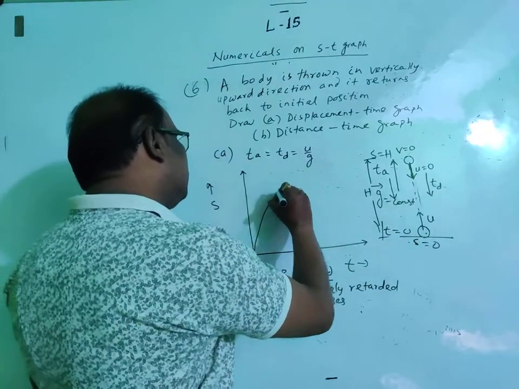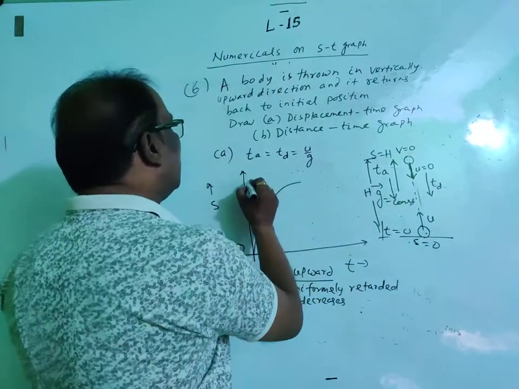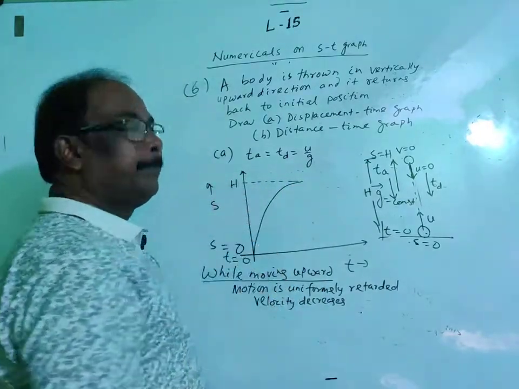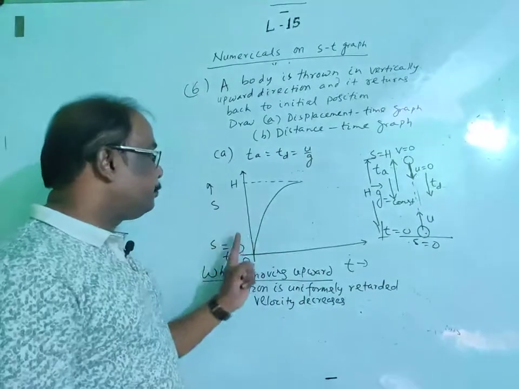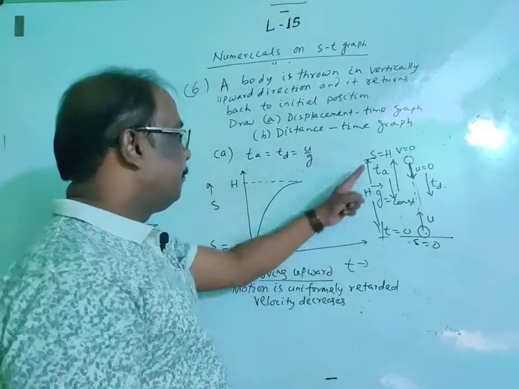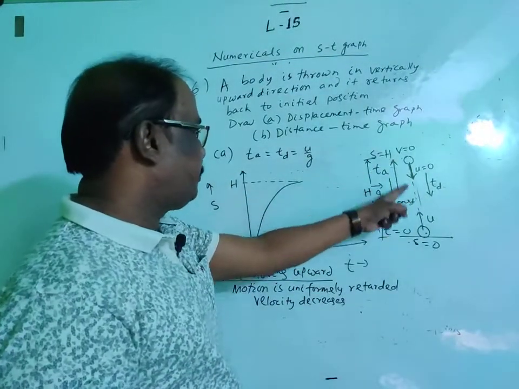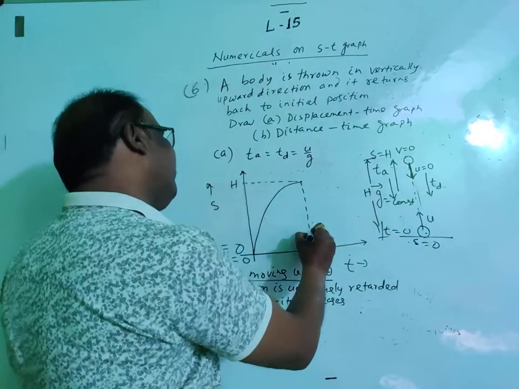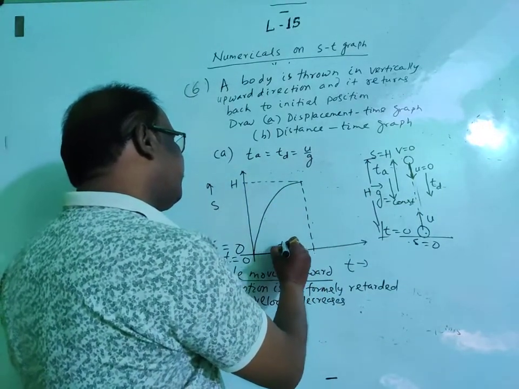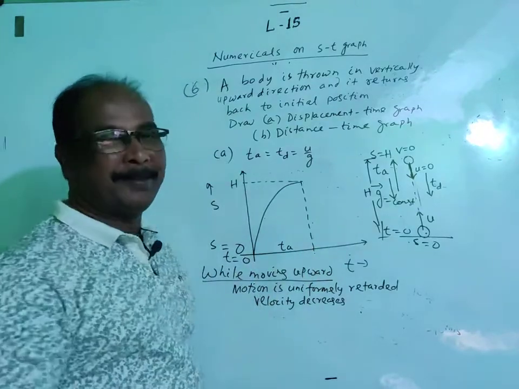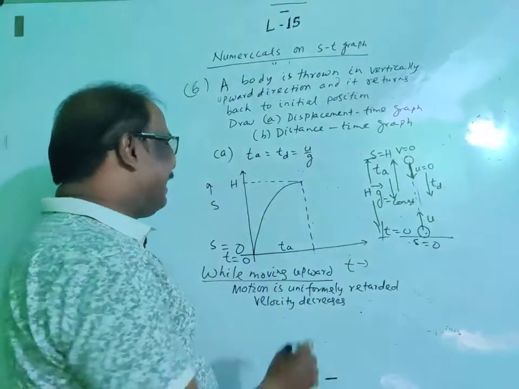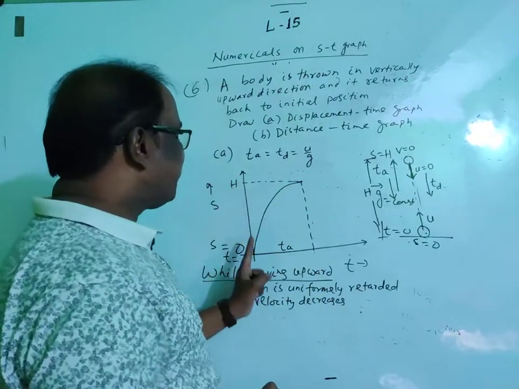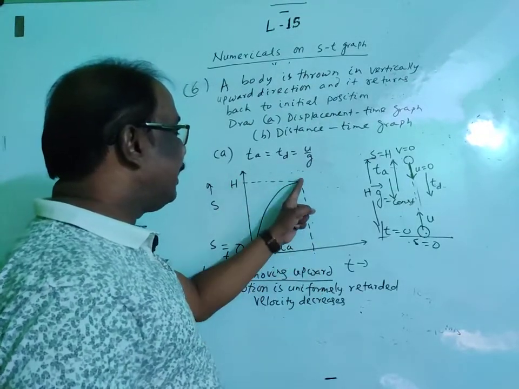So initial position is 0, time is 0. The graph is a curve bending downward, and this is the highest position, h. From 0 to h, displacement is h, and this time is the time of ascent, the time taken by the body to reach the highest position.